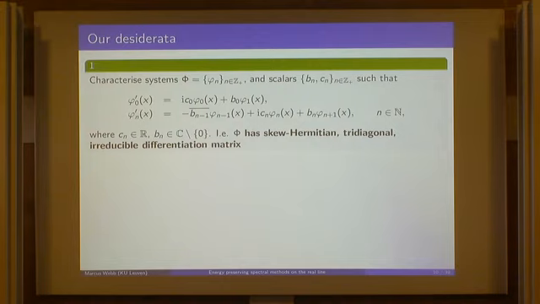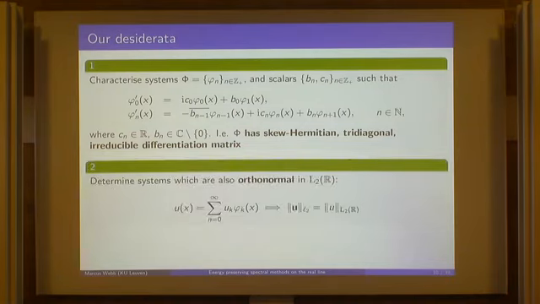And what it means is that the basis has a skew Hermitian tridiagonal, an irreducible differentiation matrix. It's irreducible because these off-diagonal entries Pn will be non-zero. That's just an assumption, and it might be quite a strong assumption, that this is a tridiagonal differentiation matrix.